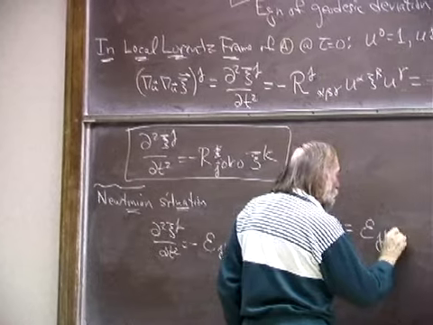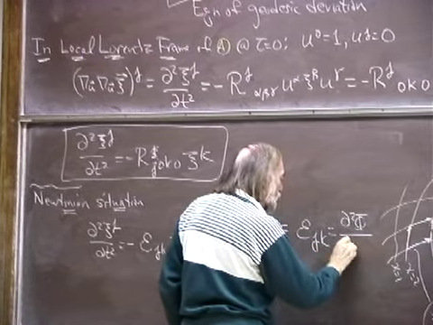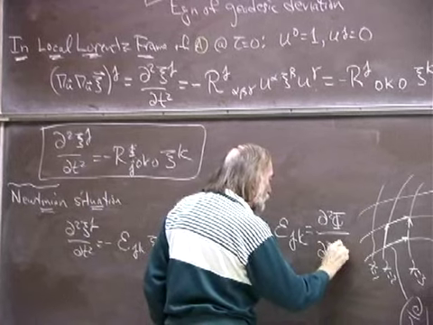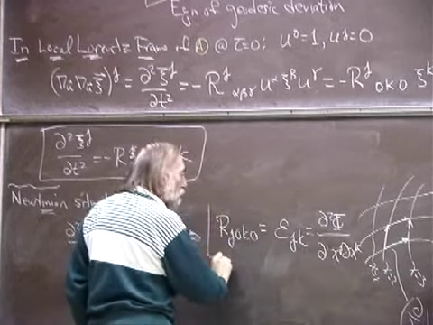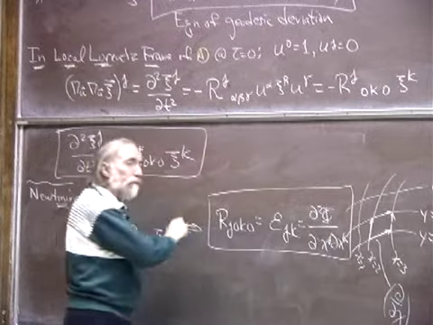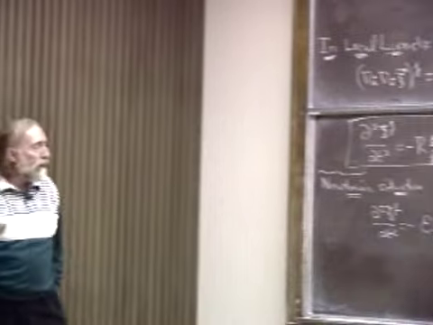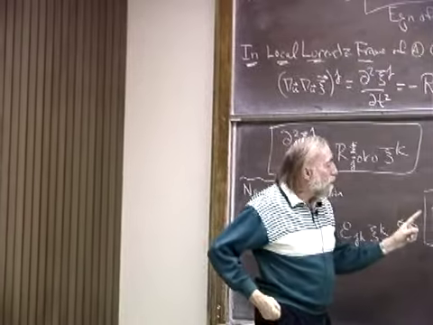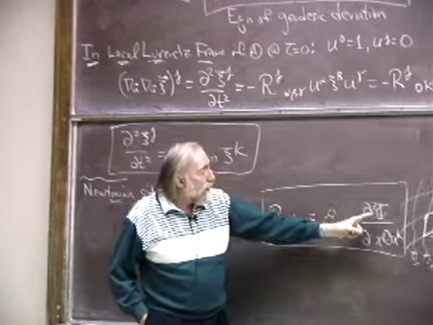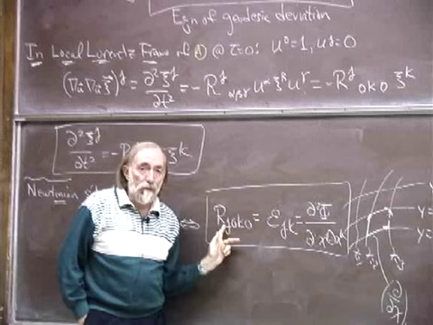And I showed, when I talked about this before, that this was just the double spatial gradient of the Newtonian gravitational potential. So this exhibits explicitly in Newtonian situations the relationship between the Newtonian gravitational field and the Riemann curvature tensor.